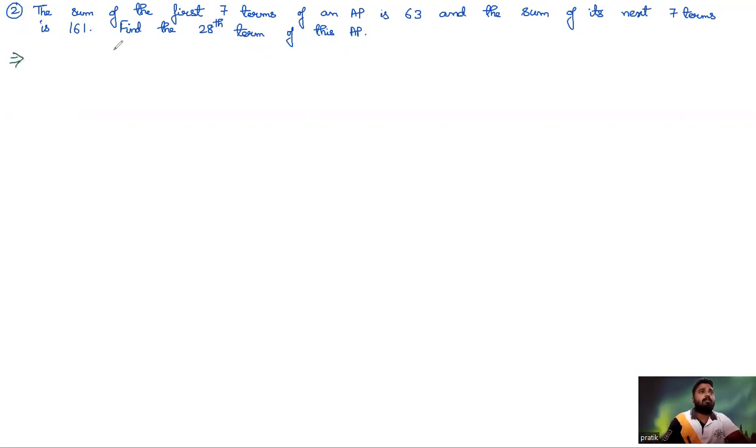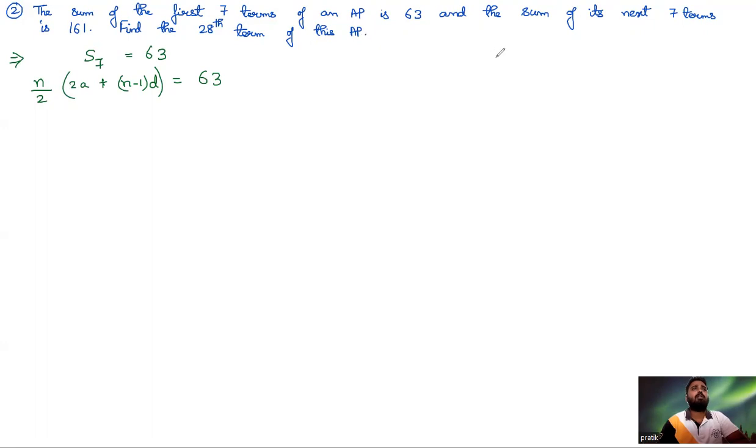As per the given data, S7 is equal to 63, so the first 7 terms. When I try to solve this, it is n by 2 into 2a plus n minus 1 into b, which is equal to 63. We don't have the first term or anything, so from here we'll have to get an equation.